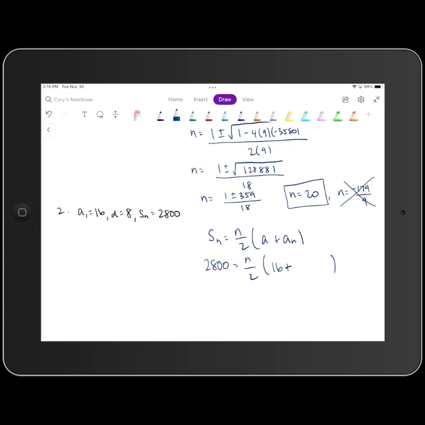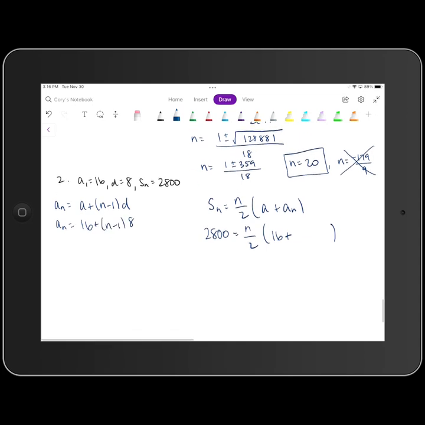So just like in the previous example, we're going to take this formula here, where a sub n is a plus n minus 1 times d. And then we're going to use that to write a formula for a sub n. Okay, so a sub n is a, which is 16, plus n minus 1 times the common difference, which is 8.